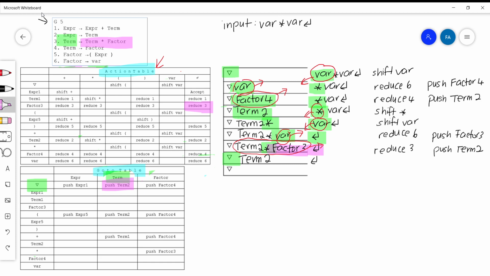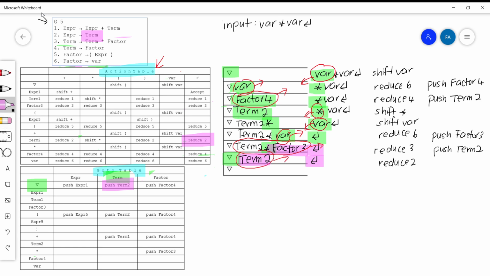Next, we read term 2 that meets with end marker at our action table. So term 2 that meets with end marker states reduce 2. So let's write reduce 2 here. And then let's refer to rule 2 from our grammar 5. So on the right side of rule 2 is term. So what we need to do is take out term from on top of our stack.